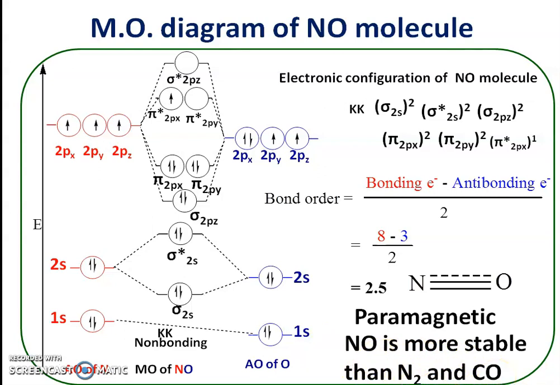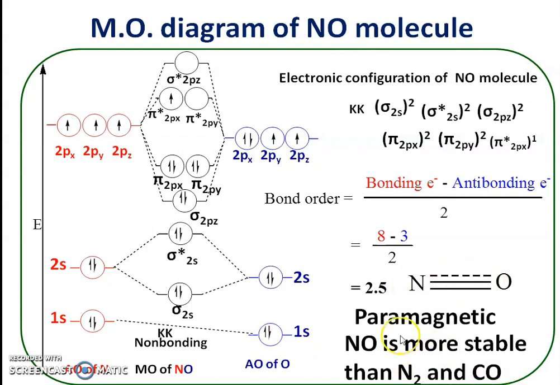Basically in nitrogen and carbon monoxide the bond order is 3 in both cases, and in nitric oxide the bond order is 2.5. It is expected that nitrogen and carbon monoxide should be more stable than nitric oxide, but unexpectedly nitric oxide is more stable than nitrogen and carbon monoxide.